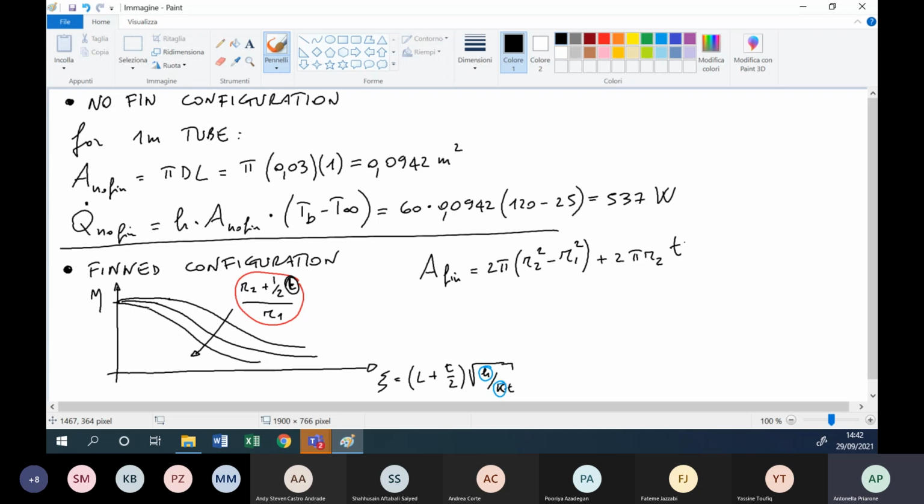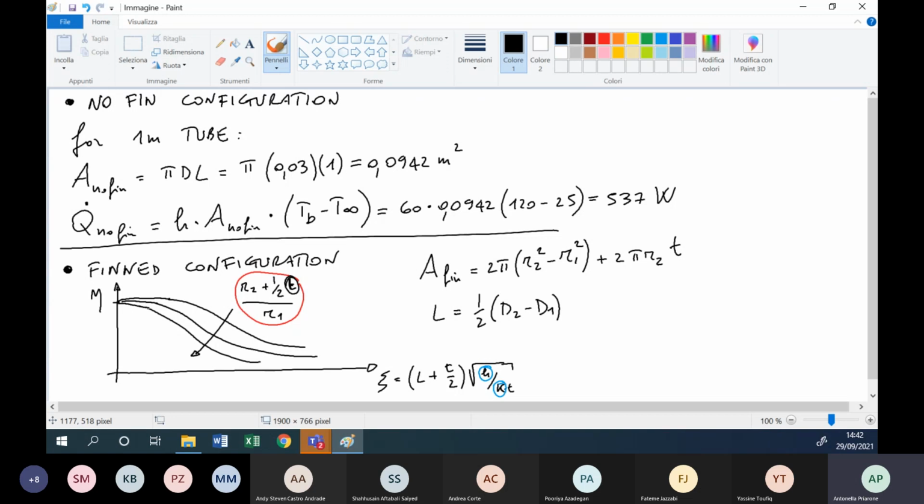On the graph, you find details about how to calculate a fin and how to calculate L, that is 1/2 of the length of a fin, 1/2 of D2 minus D1. The graph is in the slides.